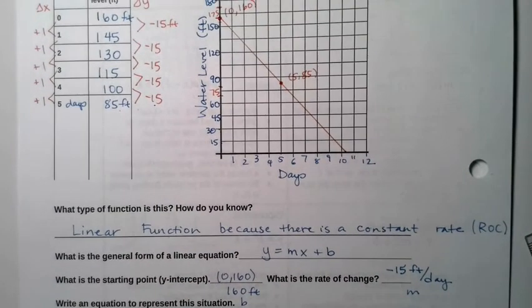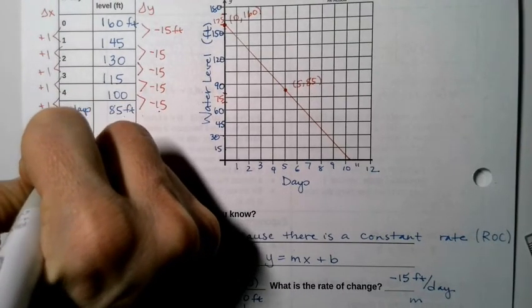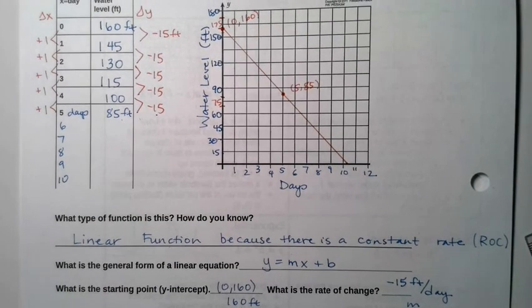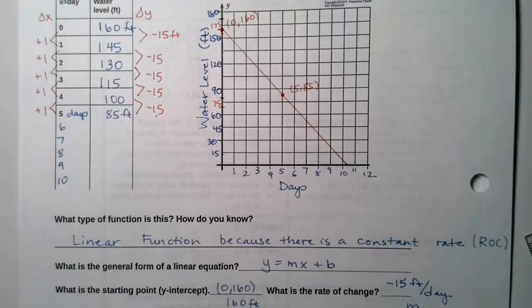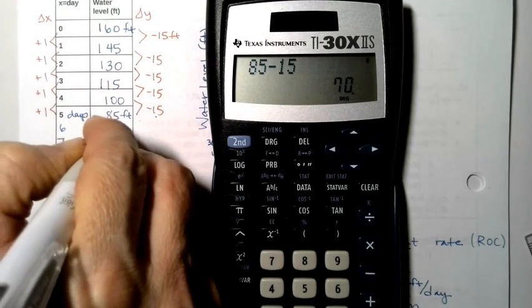So we could just continue up at our table and say, okay, it's not that many more. I'm going to subtract 15 for each of those values. So if we do 85 minus 15 and hit enter, we get that there would be 70 feet next.